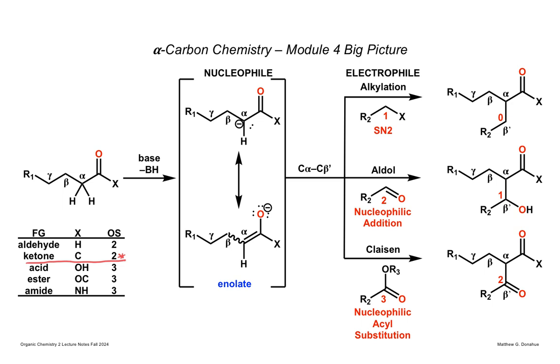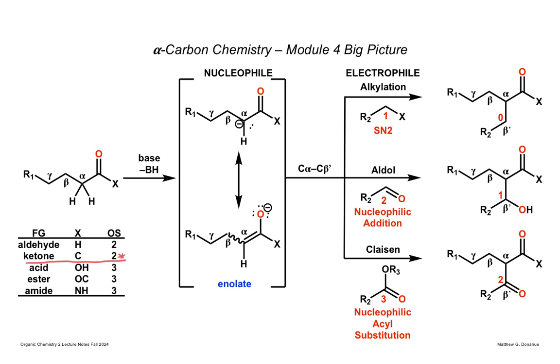And again, ketones are going to be the one that causes us the most trouble in the sense that there we can have 2 alpha carbons. Acids, esters, or amides are at oxidation state 3, and those would only have 1 alpha carbon because that X group is a heteroatom.